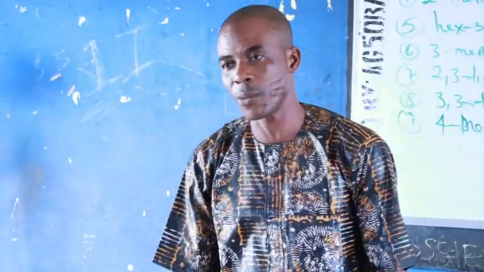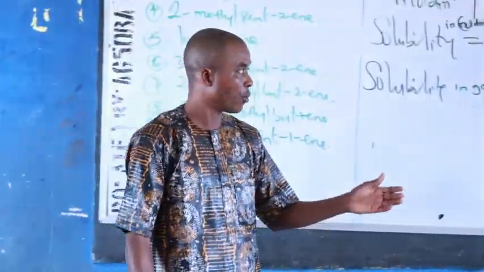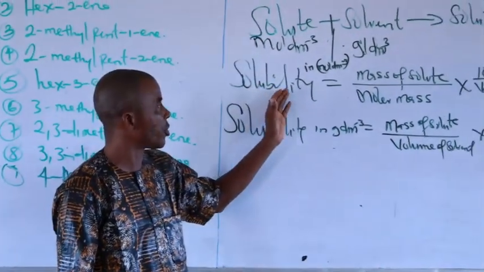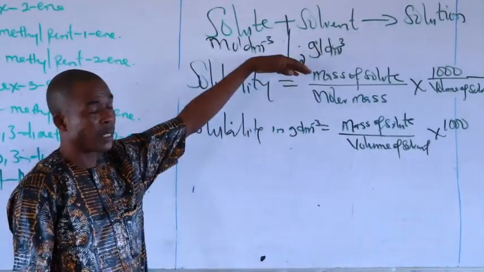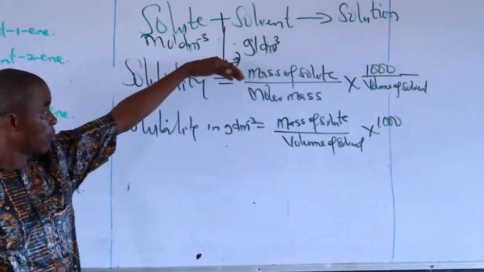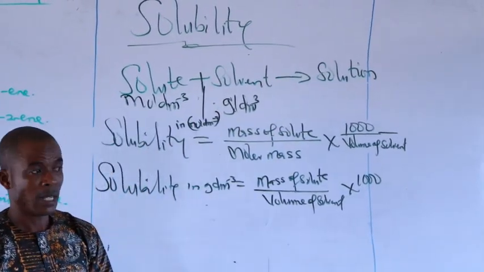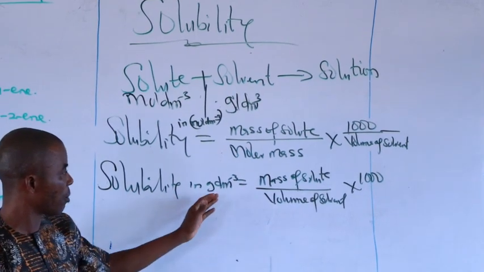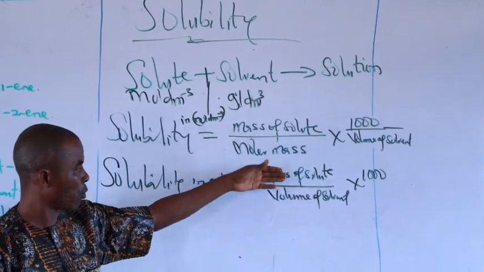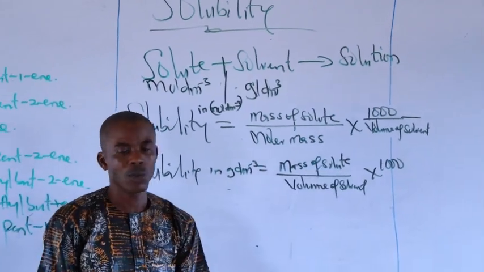Please take note of the formula and of the unit you want to calculate. Solubility in mole per dm³ is the mass of solute over the molar mass times 1000 divided by the volume of the solvent, and the solubility in gram per dm³ is the mass of solute over volume of solvent times 1000.